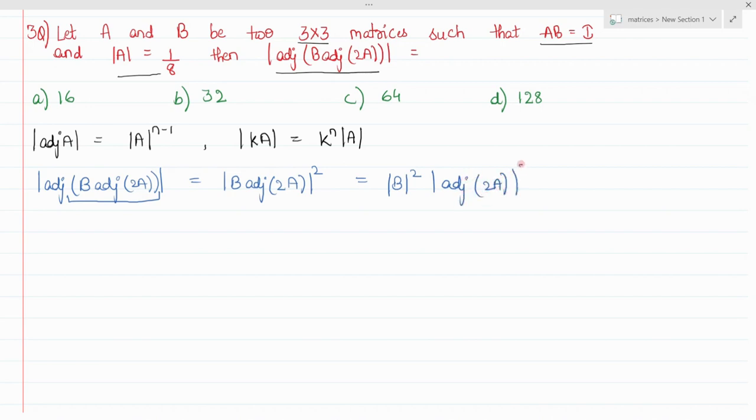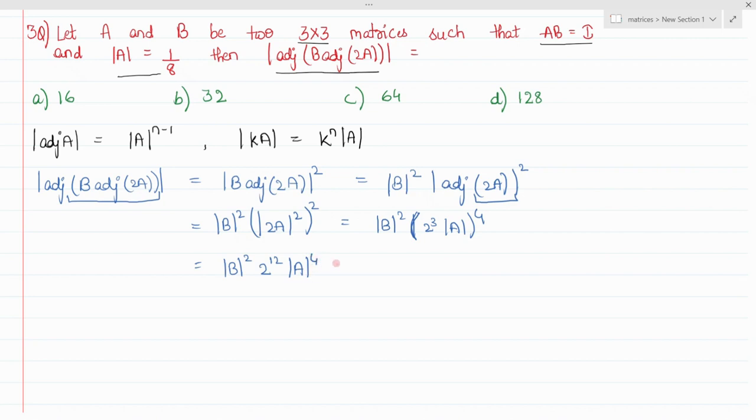Now again use the first property for this, and we can write it as determinant of 2A whole square into whole square. And we can write it as determinant of B whole square into, using the second property, 2 cube into determinant of A whole power 4. That is determinant of B whole square into 2 power 12 into determinant of A whole power 4.